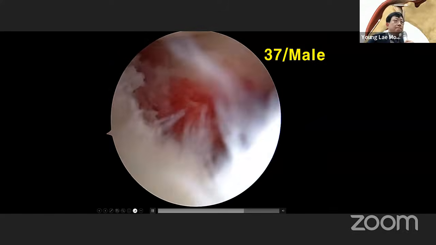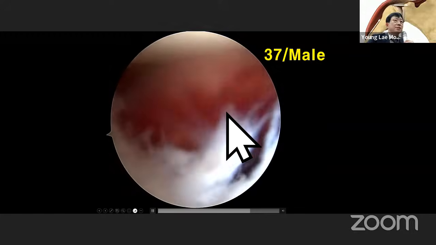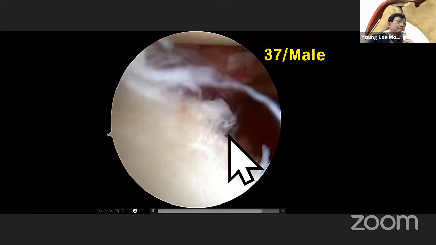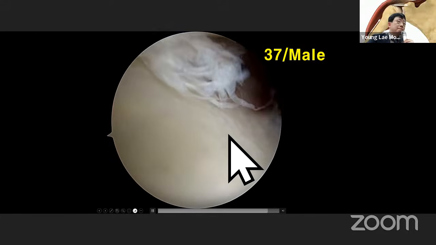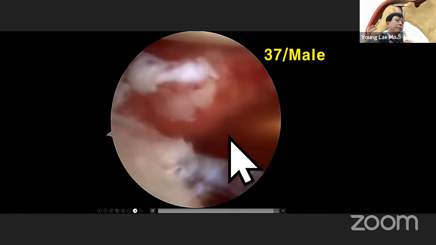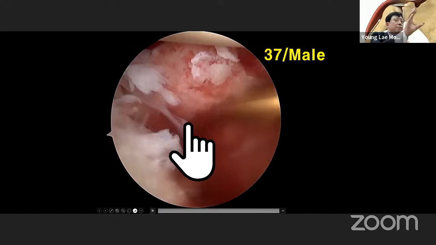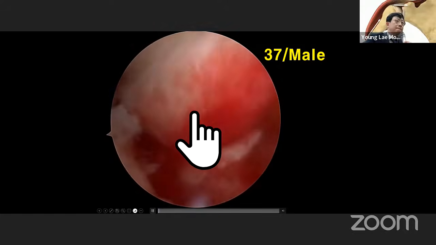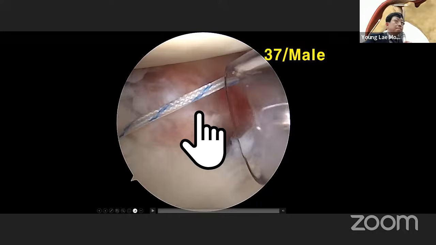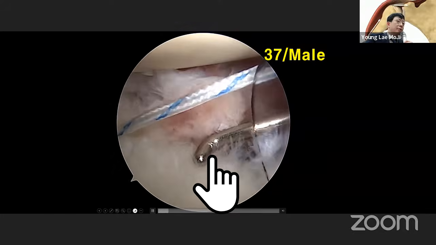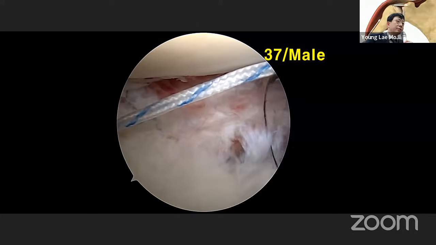Yes, here is the bone fracture, not the same as soft Bankart. We can figure out that on the top, the bone blocks. And then we repair and reduce this fracture.